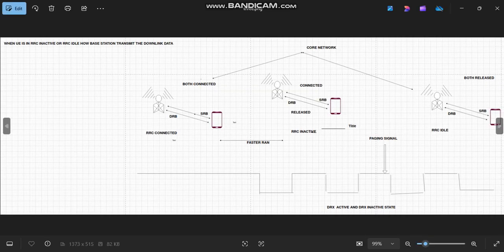So here comes the concept where even in RRC inactive or RRC idle, there are active and inactive states introduced.